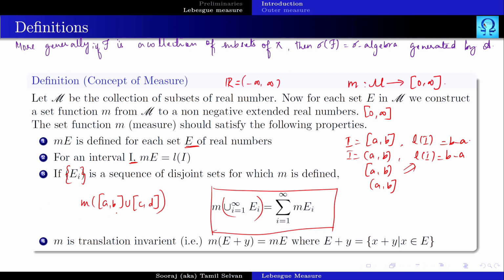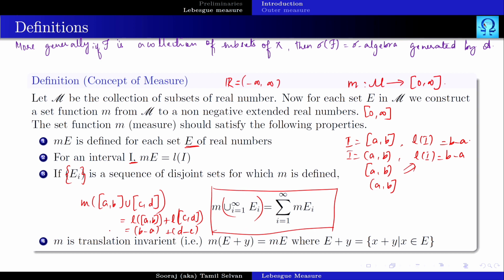Provided these two are disjoint, you may write it as the length of AB plus the length of CD, that is b minus a plus d minus c. So you know what I'm trying to say.